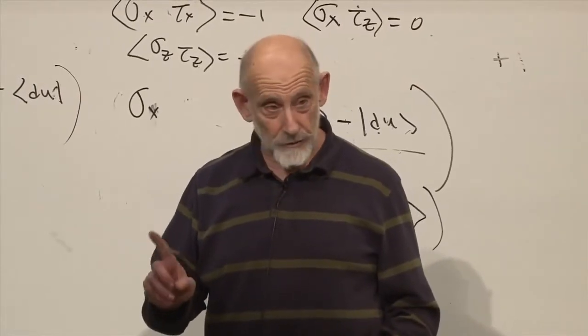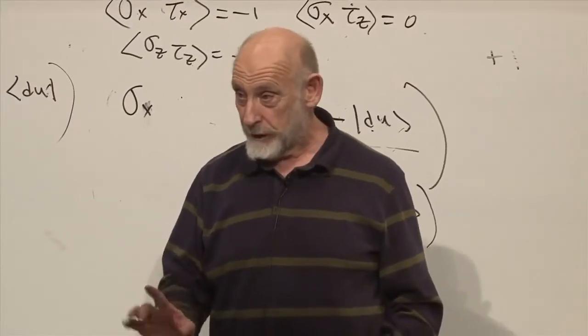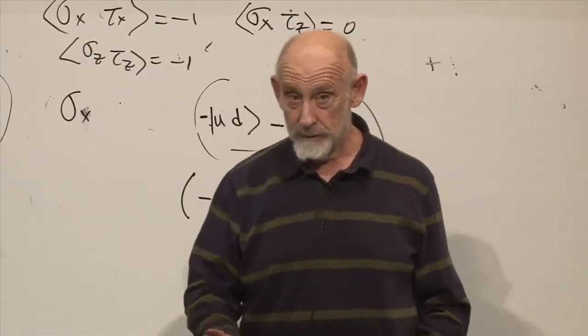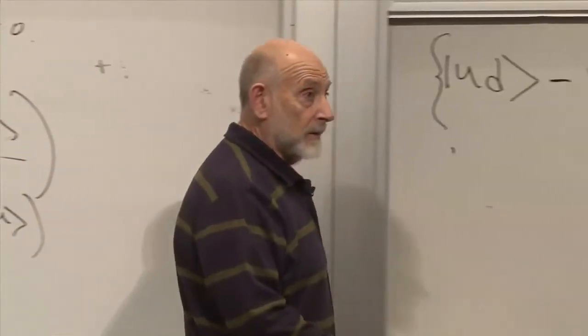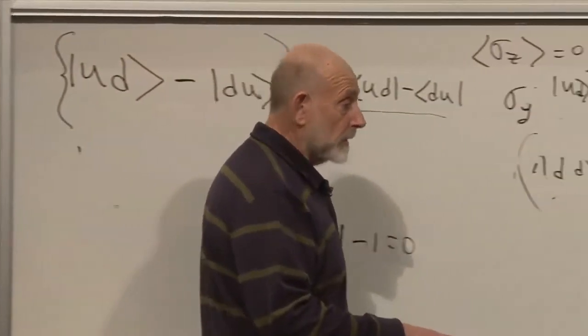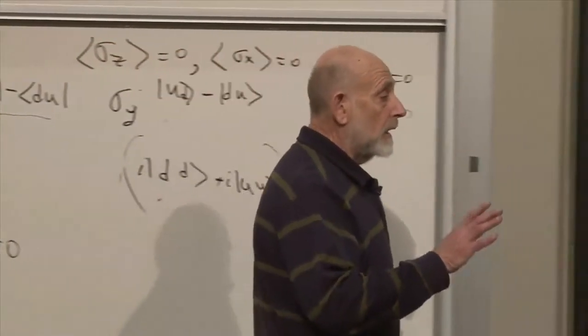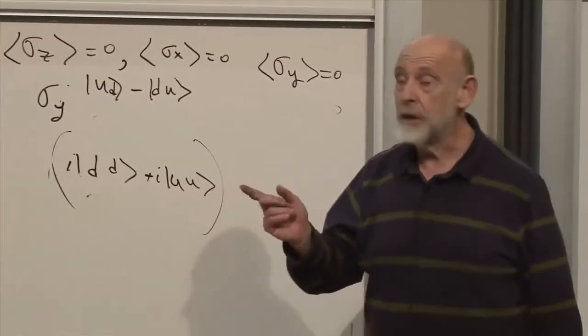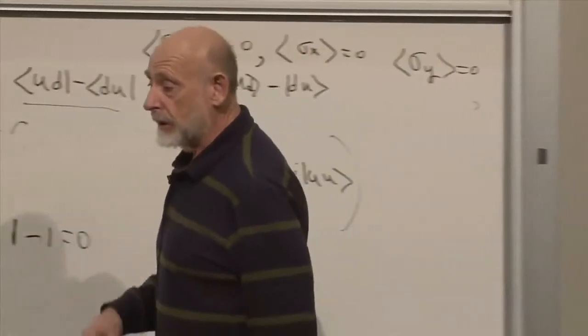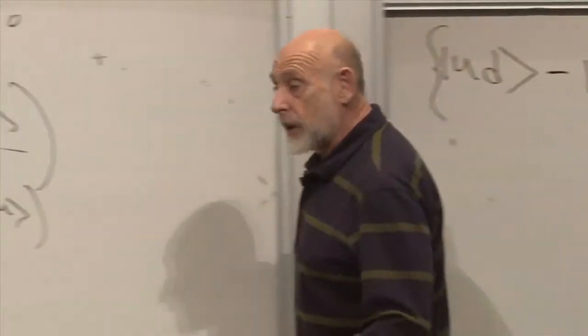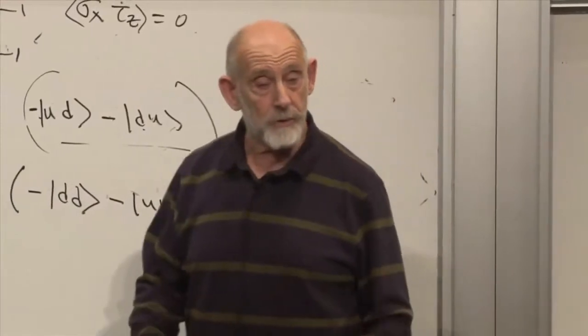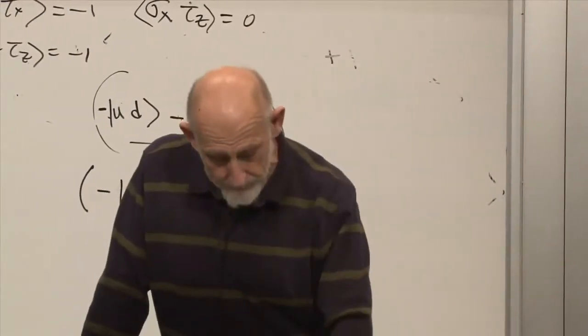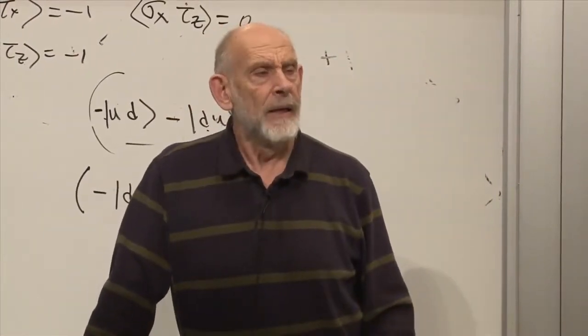I assure you that does not violate the special theory of relativity. And this kind of correlation is called Einstein-Rosen-Podolsky correlation, or entanglement. This is the quantum version of that same penny and dime story.